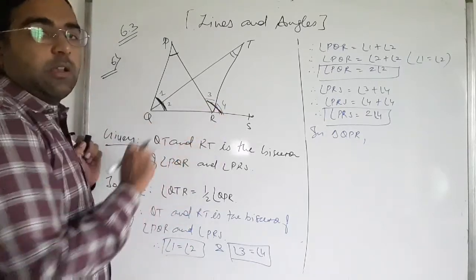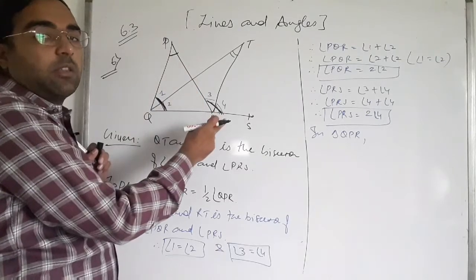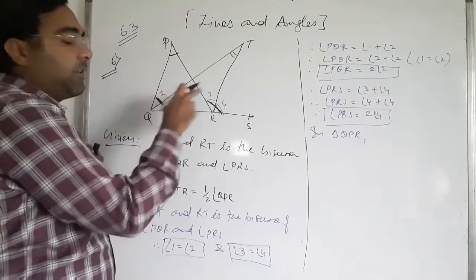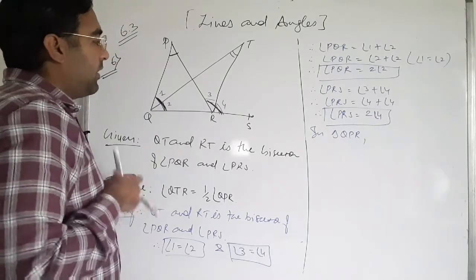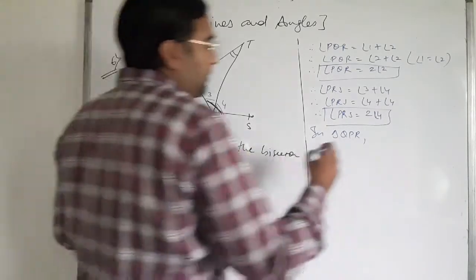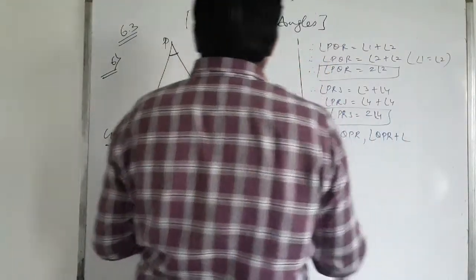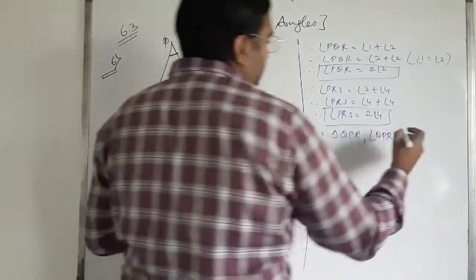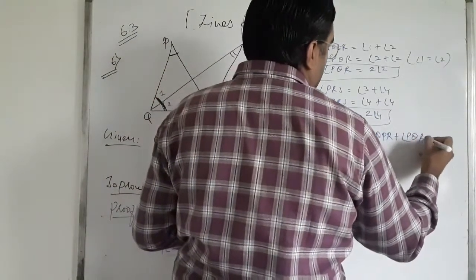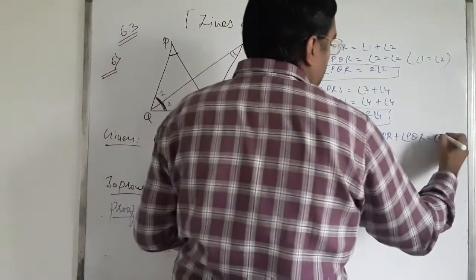So I'll write that angle QPR plus angle PQR is equal to angle PRS.